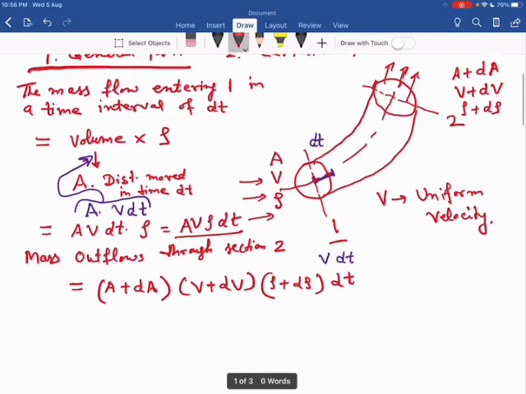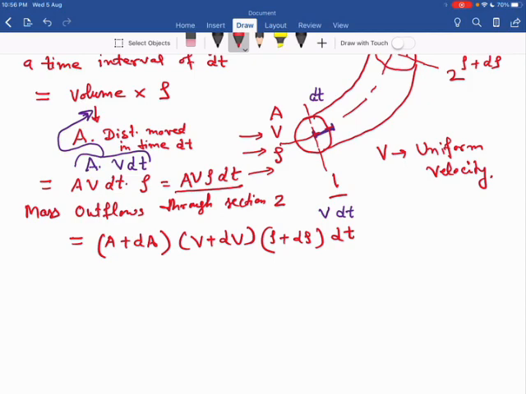Next I write the mass accumulated between the two sections, that is section 1 and section 2, in time dt.